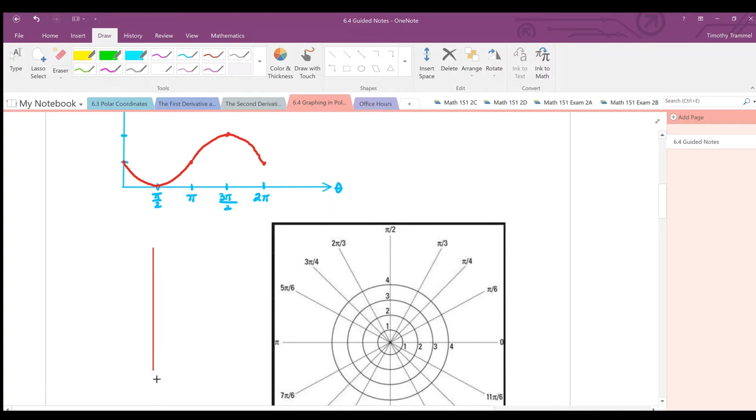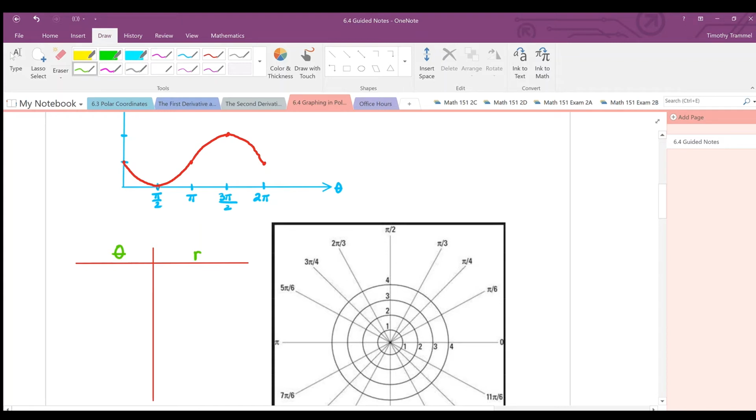There we go. One more line here. And what we want to fill in here is theta and r. What we're going to be thinking about is these little intervals.